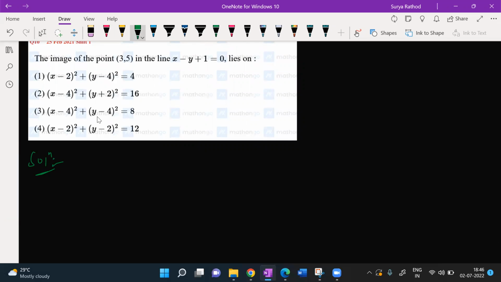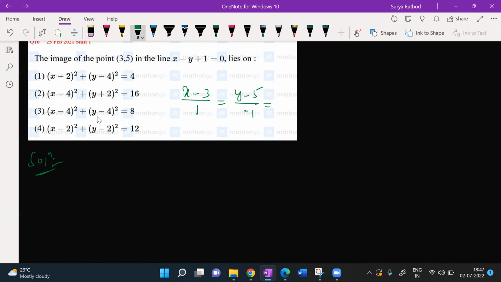Guys, we know the formula. The formula is: (x minus x1) by this intercept is equal to (y minus 5) by minus 1. The coefficient of y is equal, what are you going to get now?